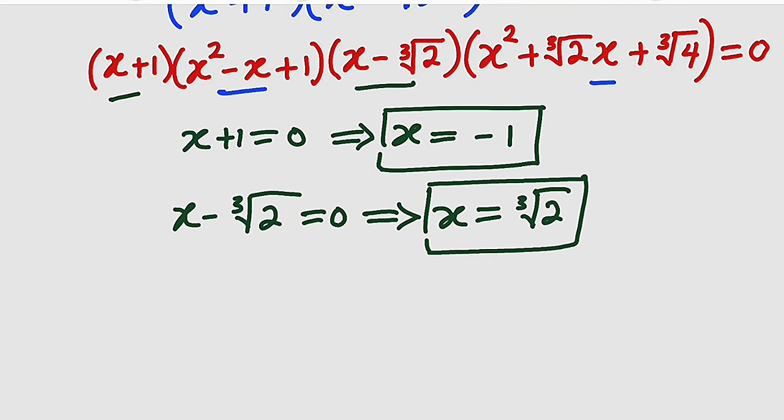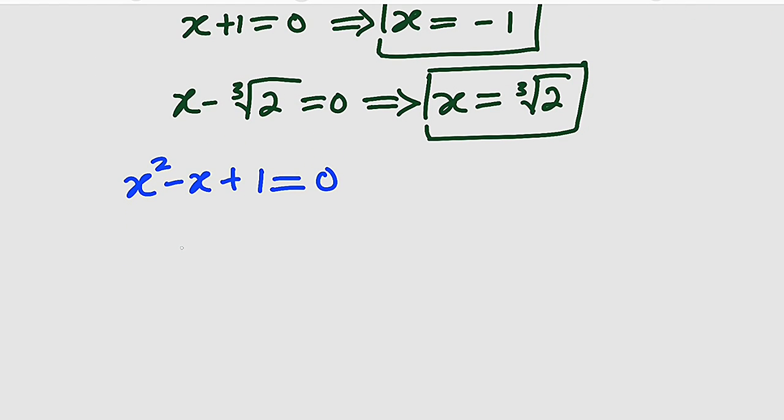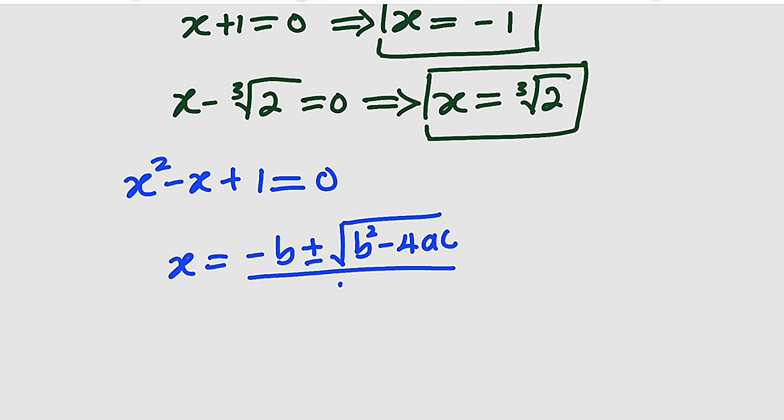So now let me take this and this. Let me start with the first one, x squared minus x plus 1. x squared minus x plus 1 equal to 0. This cannot be factorized. Therefore, we are going to use the general formula. Remember our formula, x equal to minus b plus or minus the square root of b squared minus 4ac, divided by 2a. Now let us substitute.